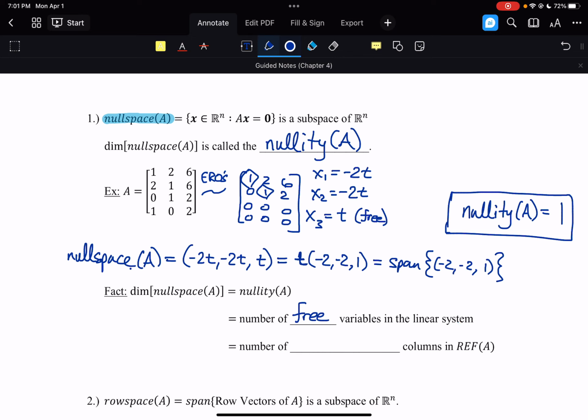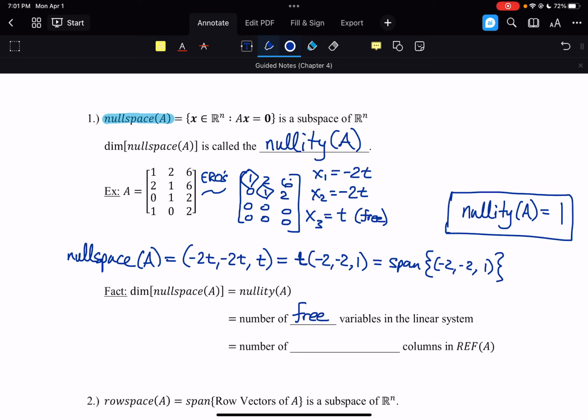Notice here, the null space is formed using these vectors with the variables within them, the free variables. We bust those out, and for every free variable, we would get a different vector. So if this was an r, an s, and a t, we would get one vector for r, one for s, one for t. The number of free variables gives us the number of vectors in the null space, which gives us the nullity.